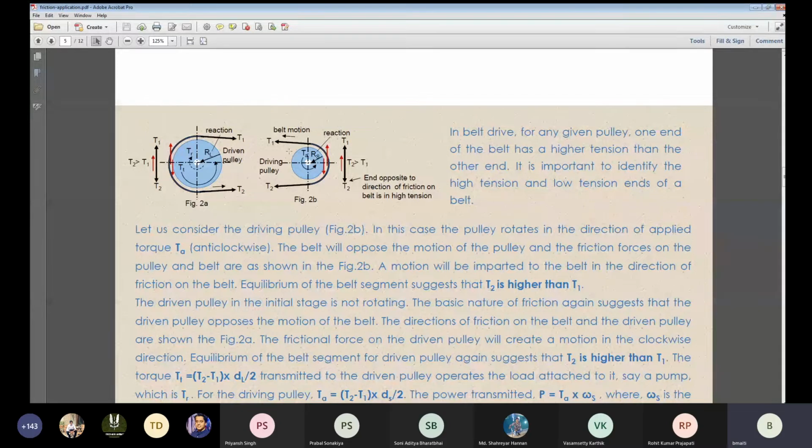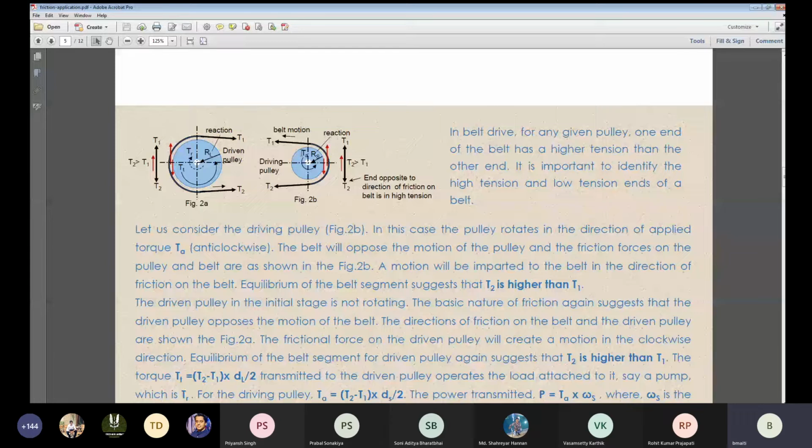These two different belt tensions are applying a resisting torque onto this driving pulley, and by virtue of that it is itself moving in this particular direction, because this friction is transmitting this motion to the belt. So the opposite direction, in one sentence, is a resistance to the driving pulley.